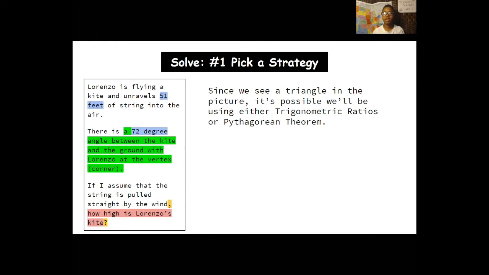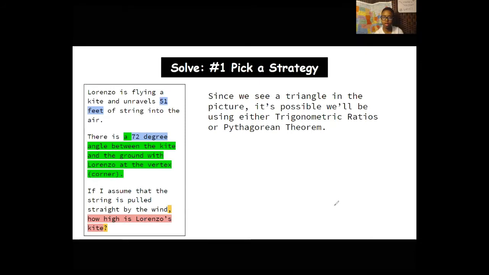So here's the dilemma. We have a right triangle. If you can remember, here is a triangle that was being made between Lorenzo, the kite, and the ground. So this was the string in gray, and the ground was green because it's grass. And then the height was invisible. So it was a dotted line going straight down from the kite, okay? So here's the thing.